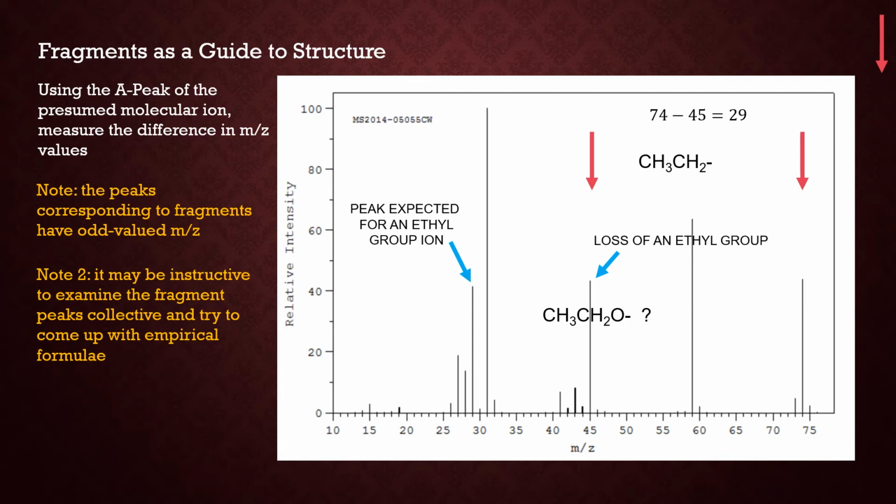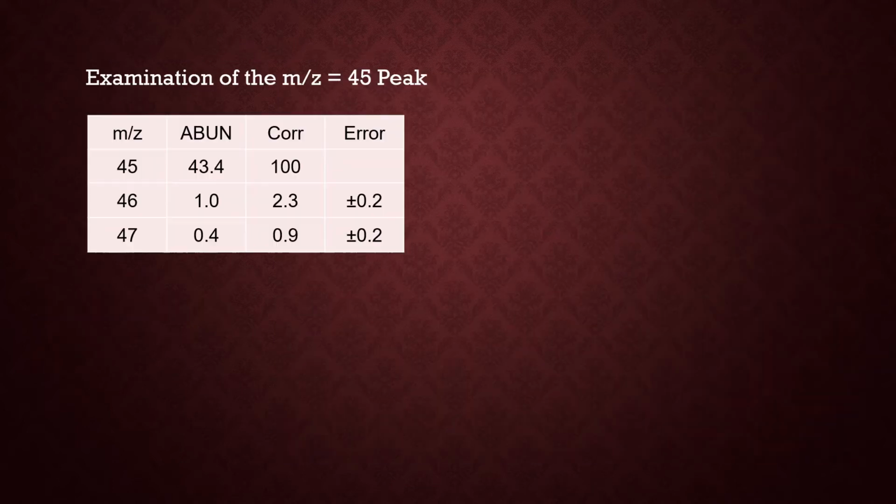So it looks to me like the peak at 45 is an ethoxy ion. I can also look at 31, which looks weird, and I would guess that to be some chemical rearrangement. So this one doesn't interest me so much as the 29 and 45 pairing.